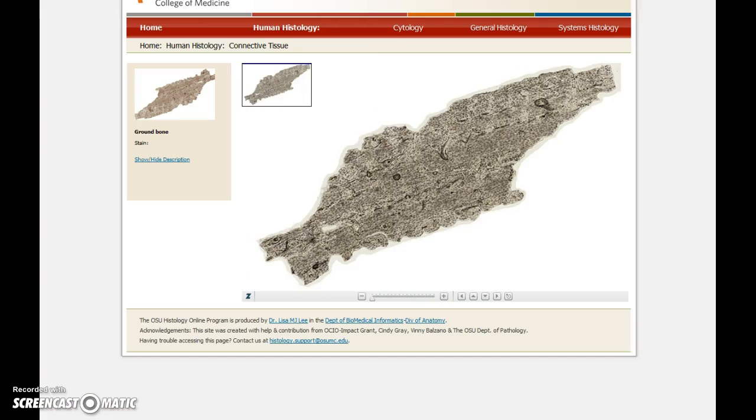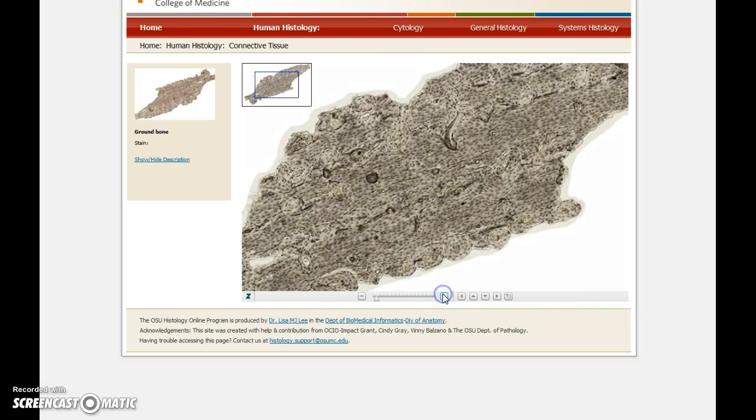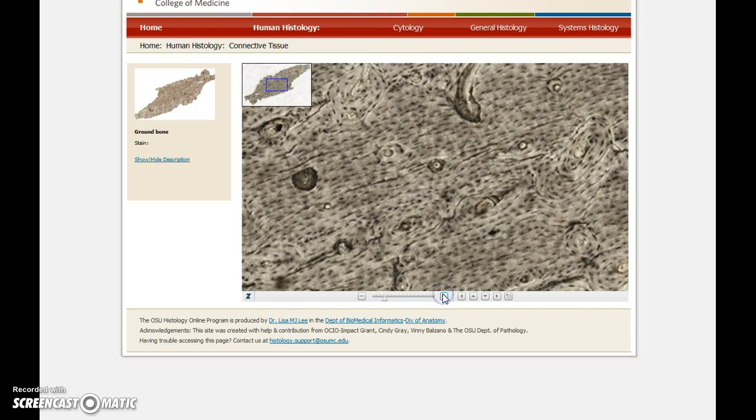I'm going to go over here to the Ohio State University Medical Center, and this is a sample of bone that they have. And I still see my osteons here, but they're arranged a little bit differently, and I see a whole bunch of lacunae just going around in this direction without going around a central canal.